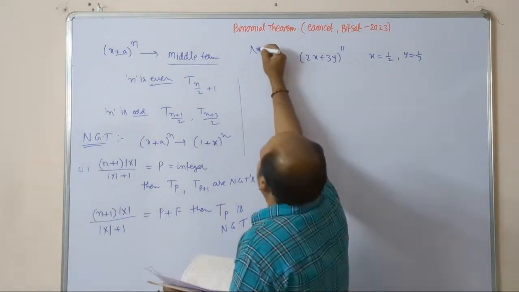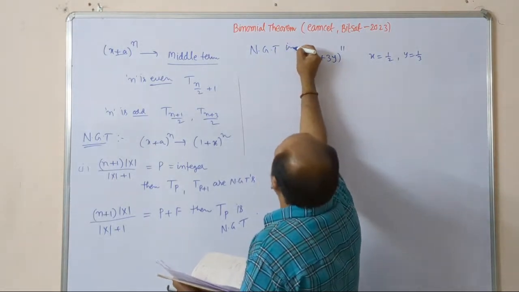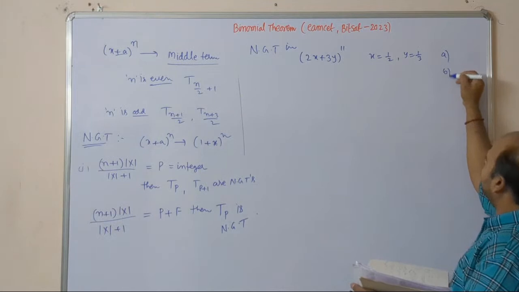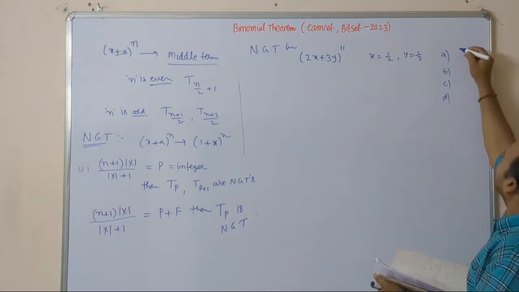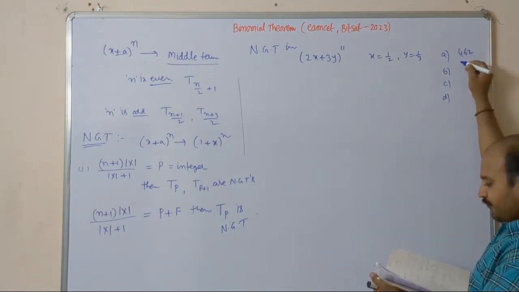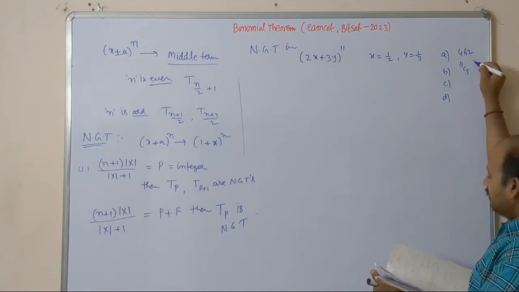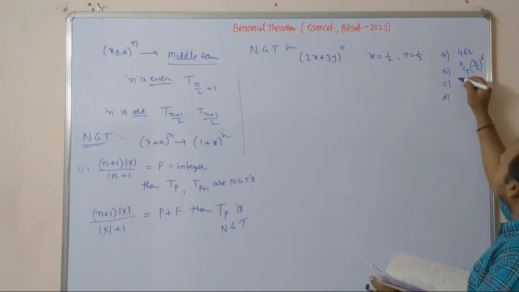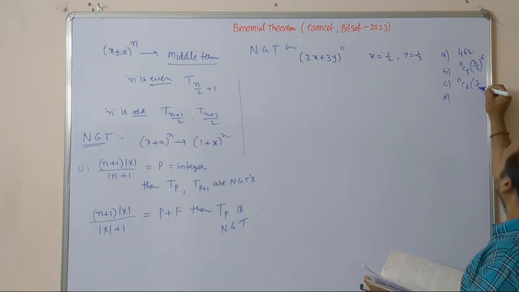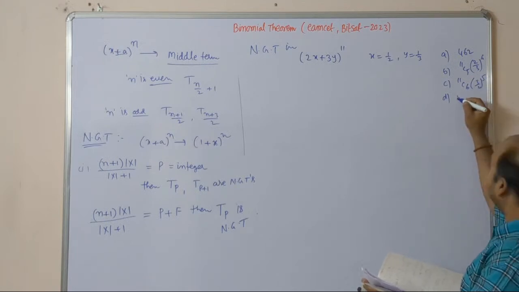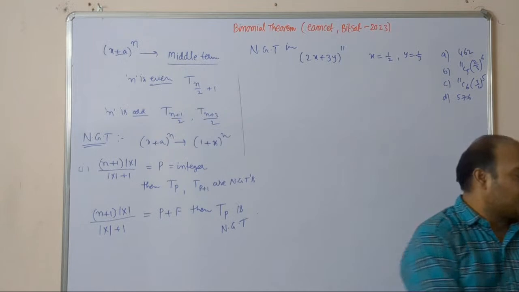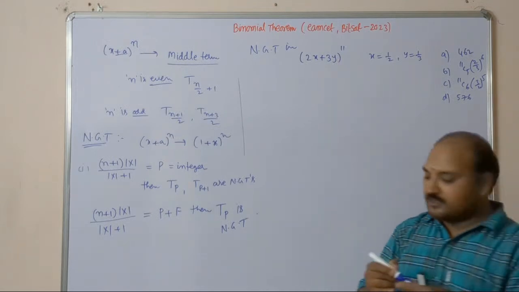Numerically greatest term, NGT, in the expansion. First option, second option, third option: 462, 11C5 (2/3) whole power 6, 11C6 (3/2) whole power 5, and 576. This is the question. It is given in recent exams.